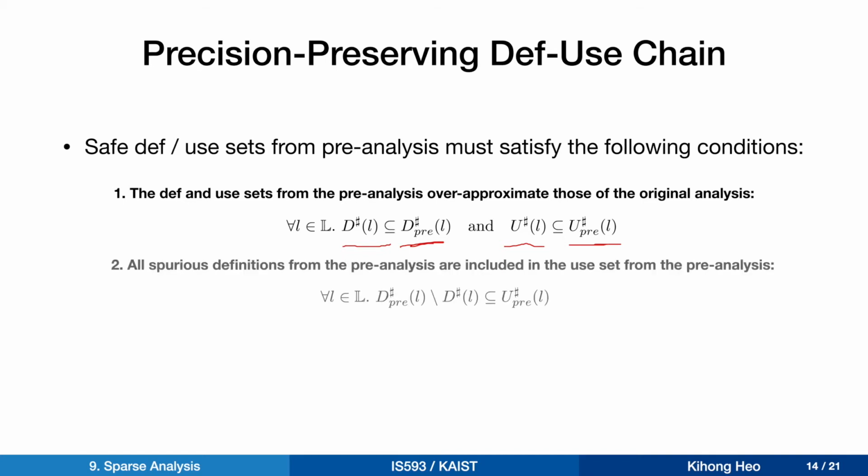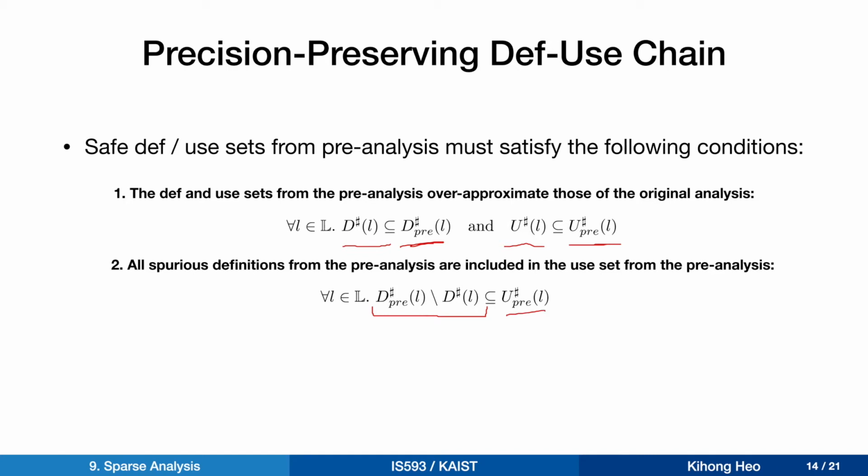The second one, which is a bit more important, is that all spurious definitions by the pre-analysis must be included in the approximated use set. What does that mean?